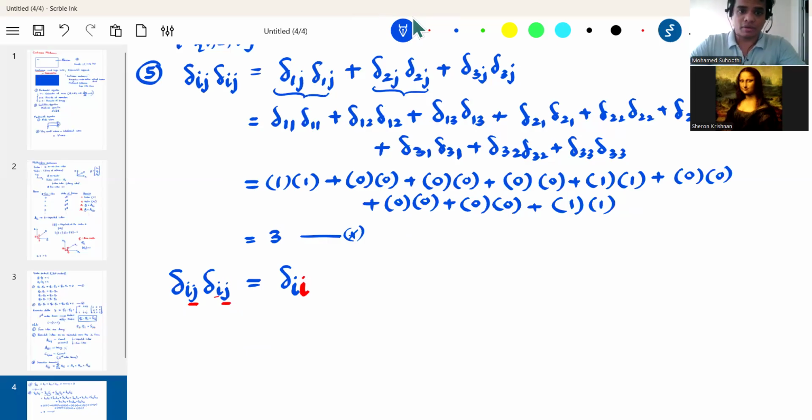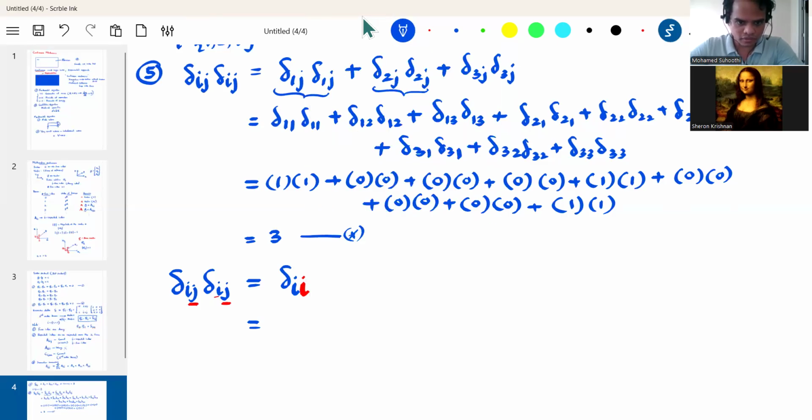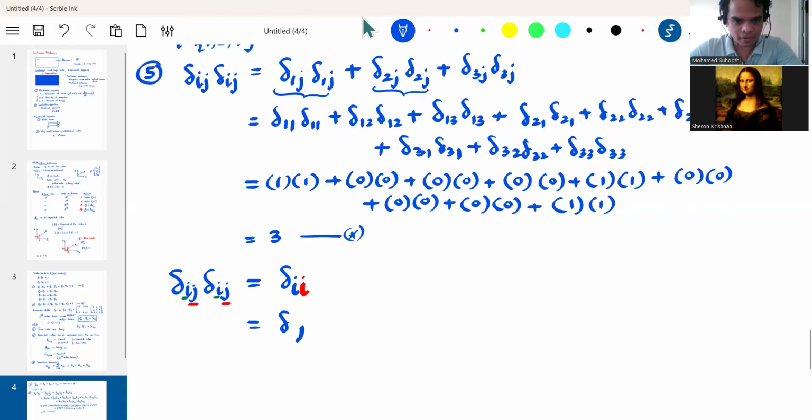For example, another person can do this differently. He can pick i and keep j. So you keep j here, and you pick the i and replace it with another index, that means you replace it with j.